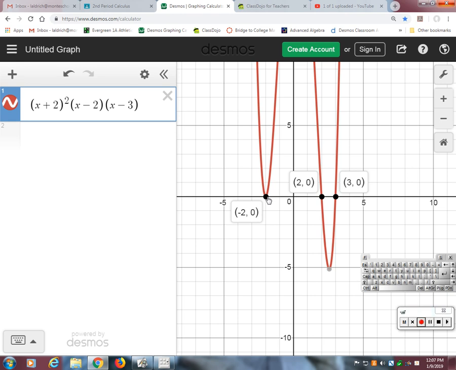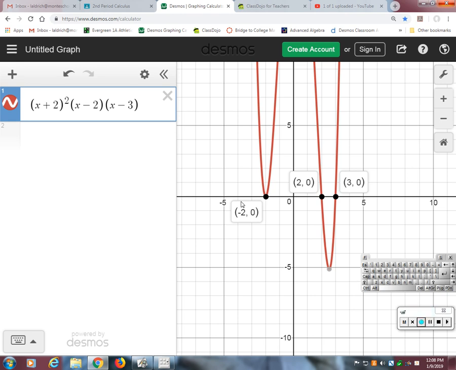Why? Can anyone say why it behaves that way at that point? Perhaps Emma might know. What does an x squared graph usually look like? A parabola, and so since this is squared, it takes on the shape of a little mini parabola at that point.